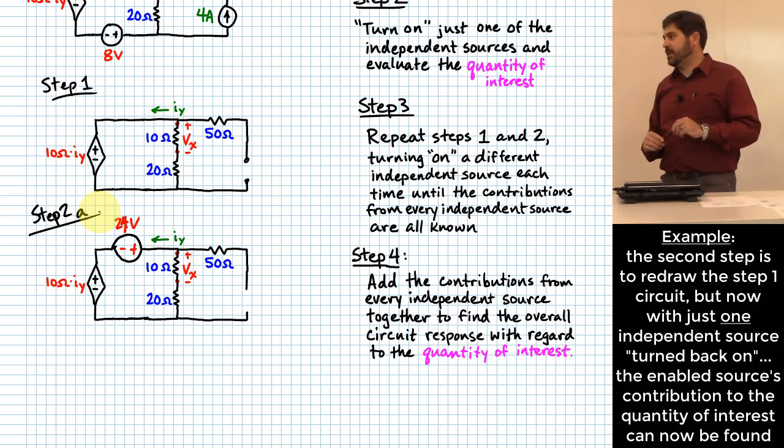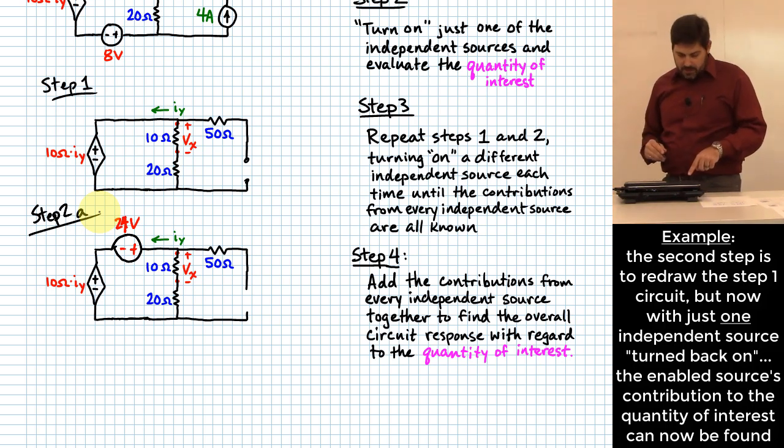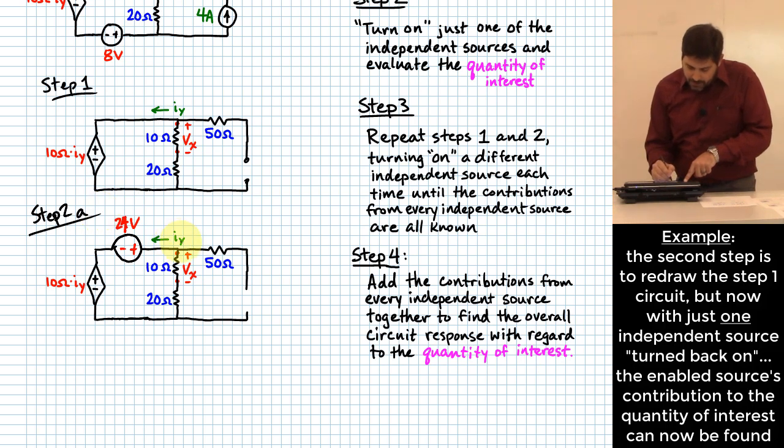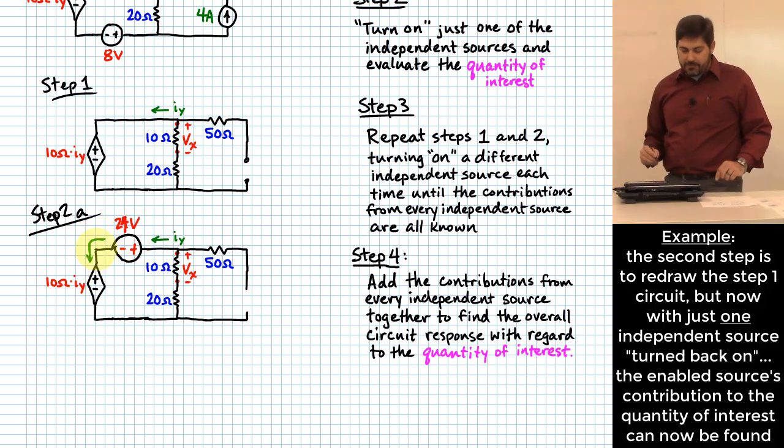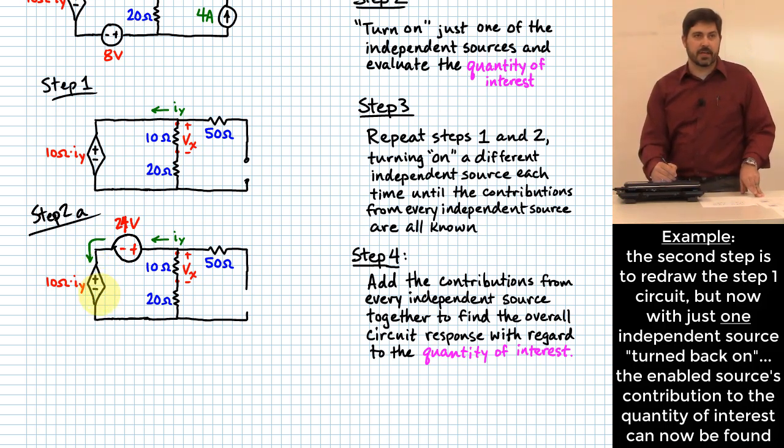Now, let me ask you this, because I want you to see this. If I know that IY flows through this voltage source that direction and comes down right here, what if instead of having a dependent source right here, I had a 10 ohm resistor? How much voltage would you see across the 10 ohm resistor if this was a 10 ohm resistor instead of this dependent source? You'd have 10 ohms times IY.